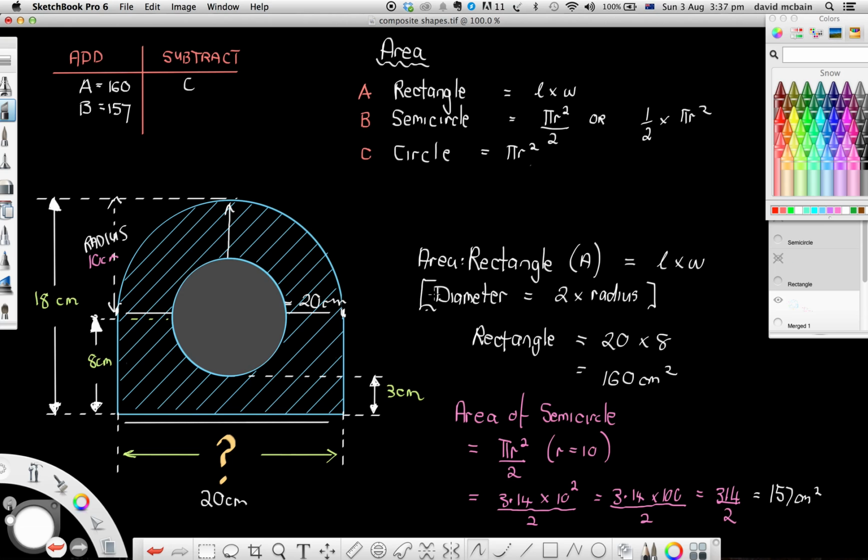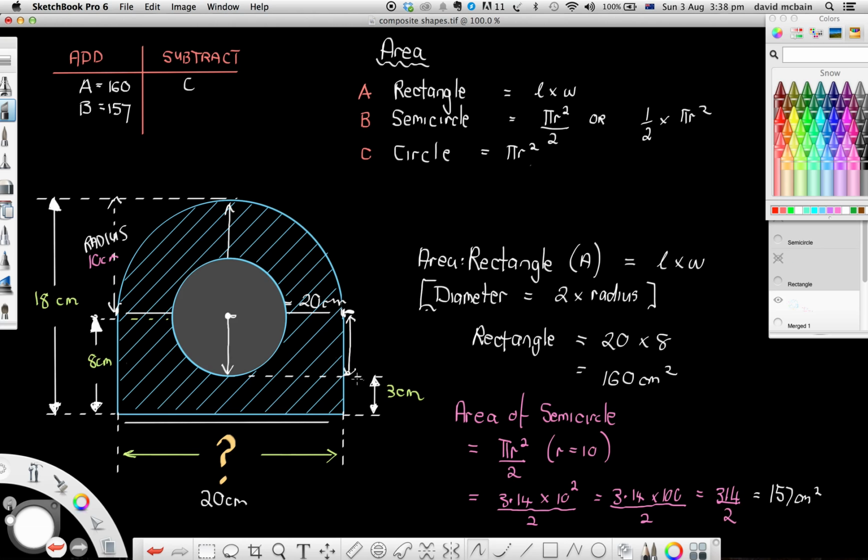We know that the radius of our small circle is from there to there. Now, that distance from there to there is the same as the distance from here to here. So that distance there is also equal to the radius.